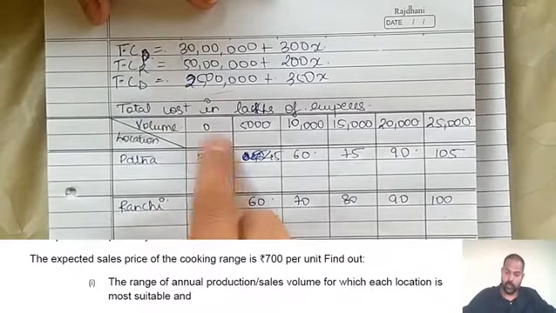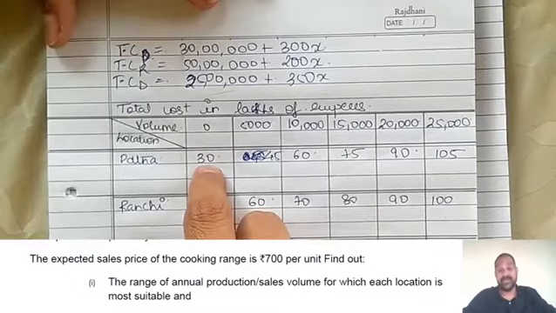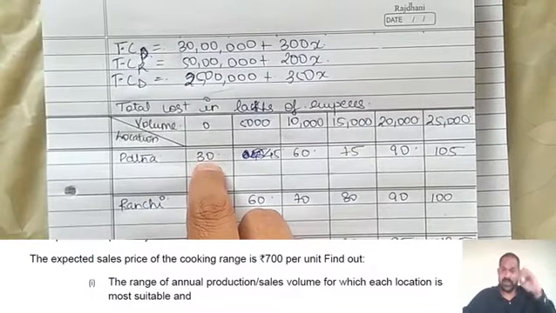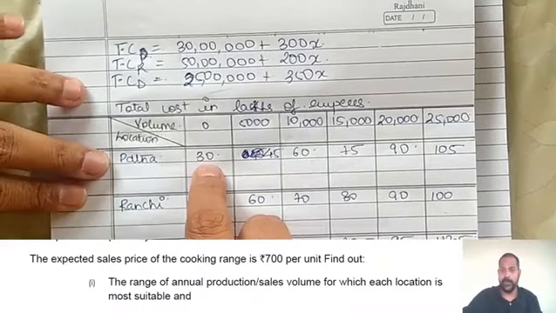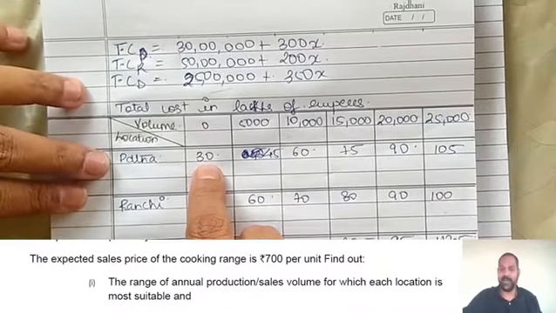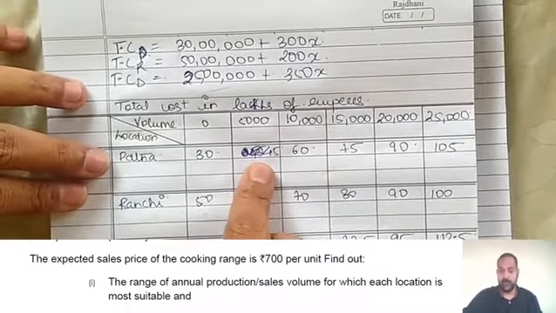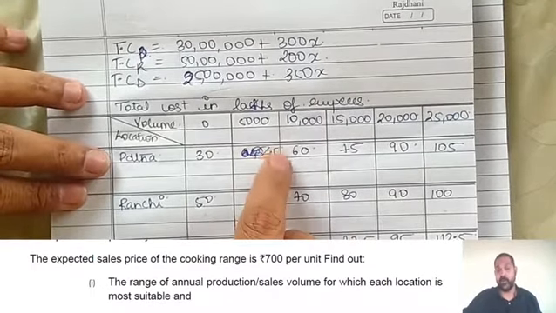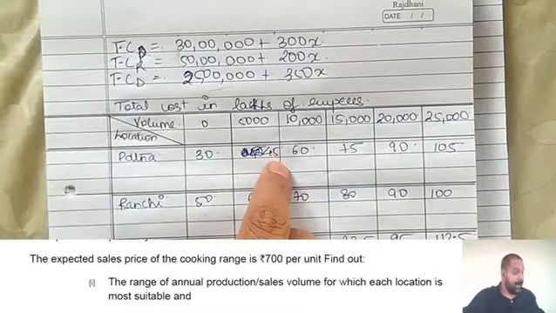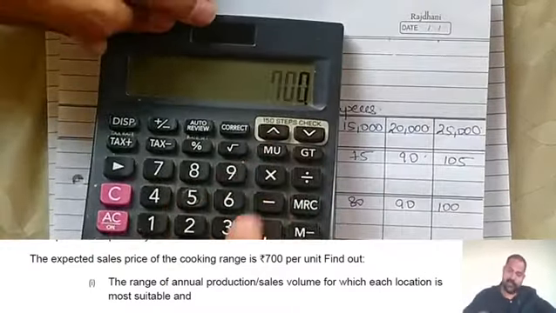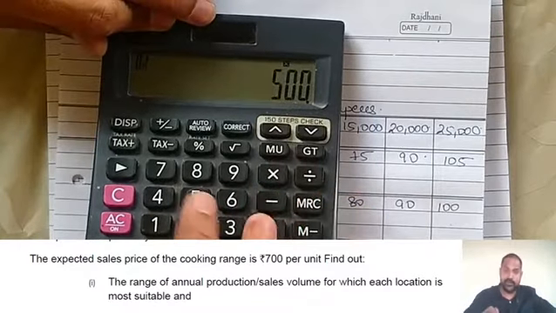My cost would be 30 lakh and my sales would be 0. Then my profit would be minus 30 lakh. Then for 5,000 units, my production cost will be 45 lakh. My profit would be 700 into 5,000.